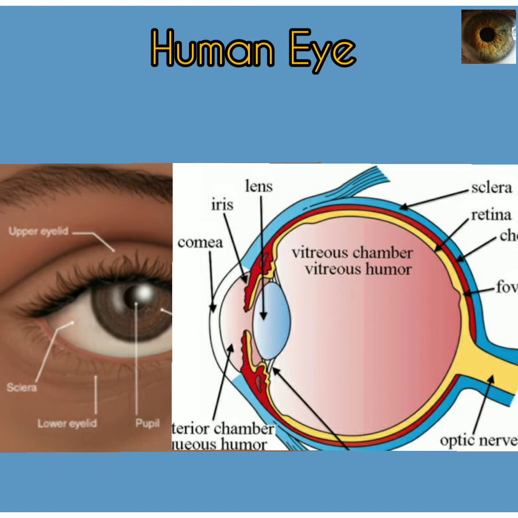It consists of dense connective tissue and protects the inner components of the eye and maintains its shape. In the front, sclera forms the transparent cornea. Cornea admits light to the interior of the eye and bends light rays so that they can be brought to a focus.